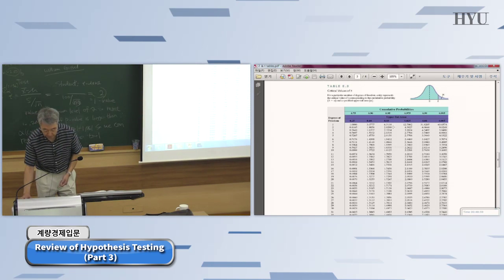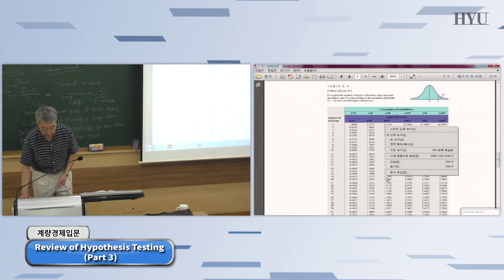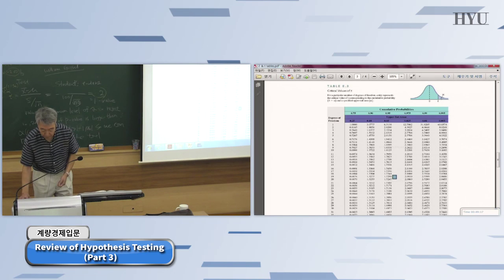For example, if you're looking for the t-score which has 0.05 in the upper tail area, the first number here is 6.3138. And all these numbers are the t-scores that have 0.05 outside that number.